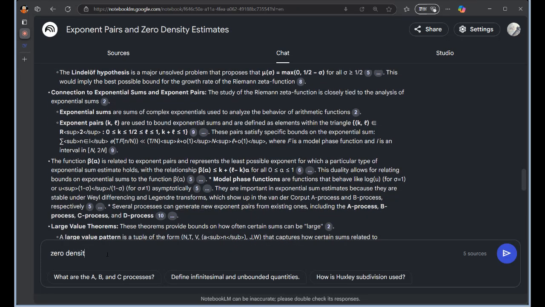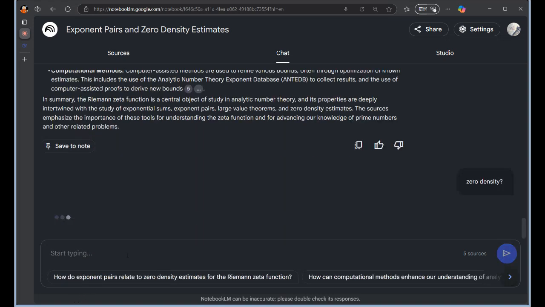But before we get lost in the details, remind me again, why should I care about additive energy? How does it connect to the big picture of the Riemann zeta function and number theory in general? Well, remember that the Riemann zeta function is deeply connected to the distribution of prime numbers, those fundamental building blocks of all numbers. Understanding the structure of the zeta function's zeros gives us a powerful tool for understanding prime numbers.